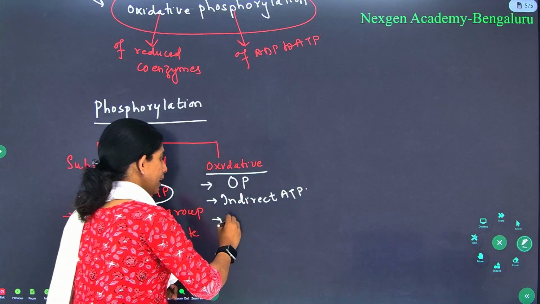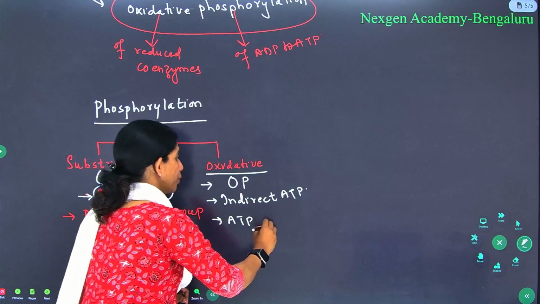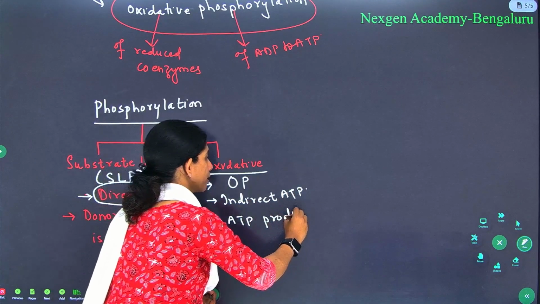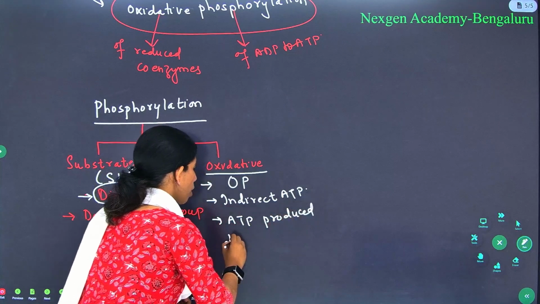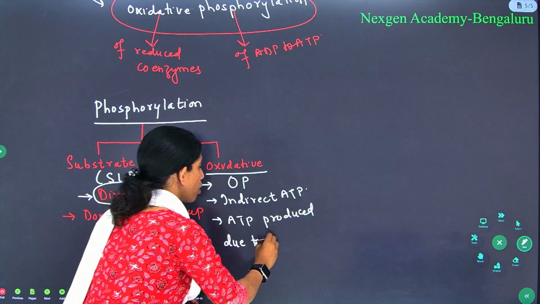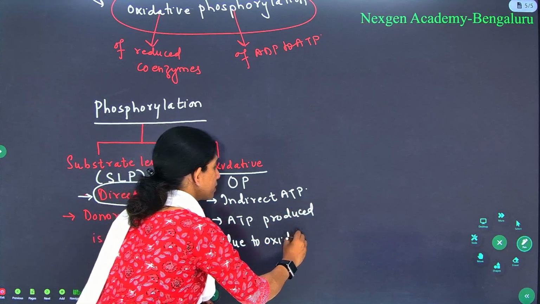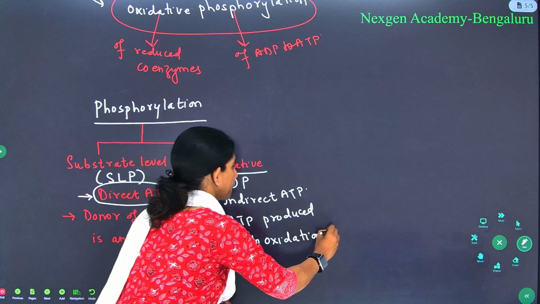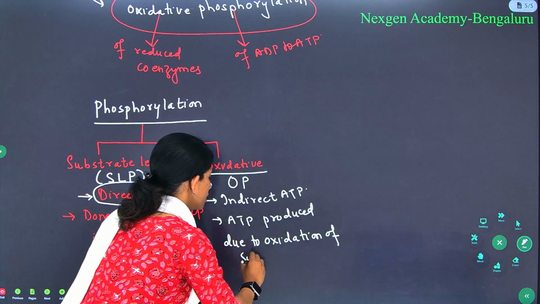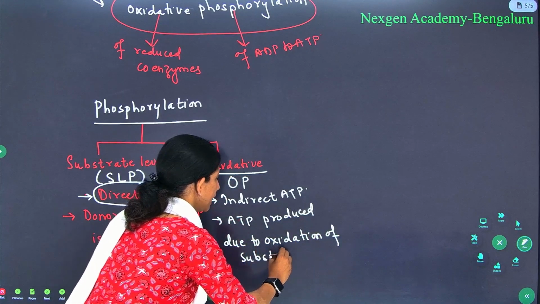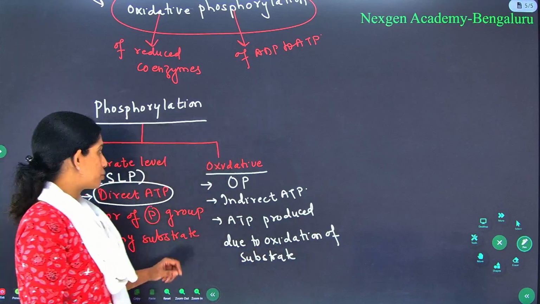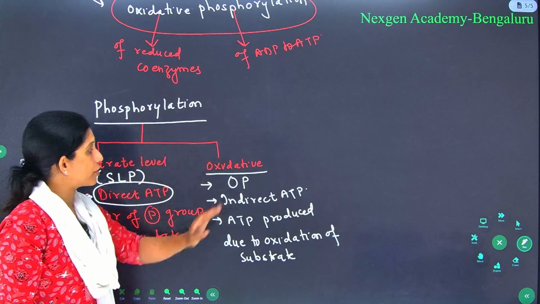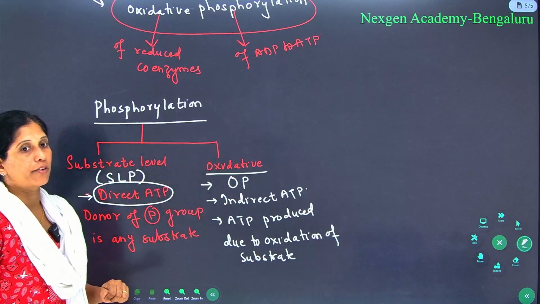So here ATP is produced due to oxidation of substrate, right? So these are the basic differences between substrate level phosphorylation and oxidative phosphorylation.